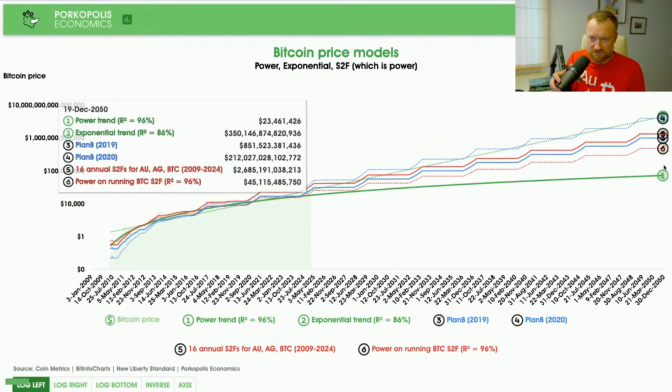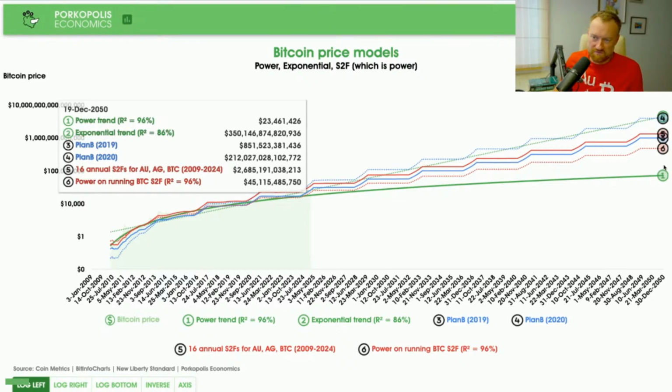But Plan B's 2020 model, $212 trillion per Bitcoin. Thousand, million, billion, trillion. Yeah, $212 trillion for Bitcoin in Plan B's 2020 model, $850 billion in the 2019 model. $350 trillion per Bitcoin in the exponential model. You're reading that correctly.